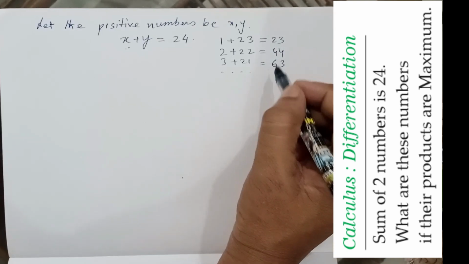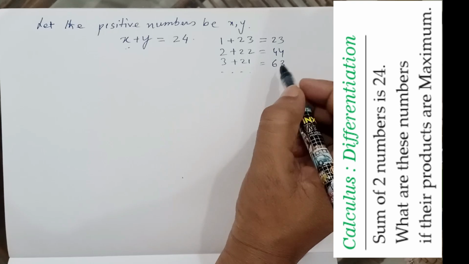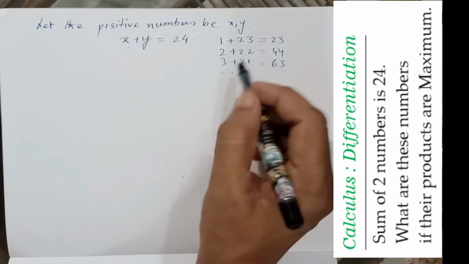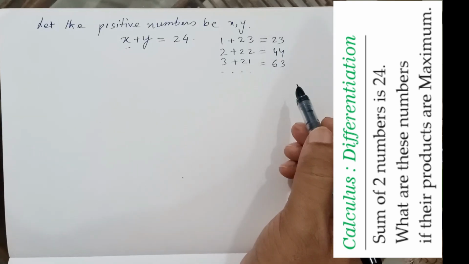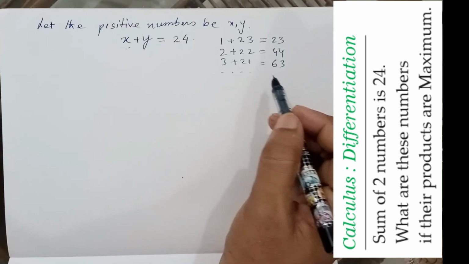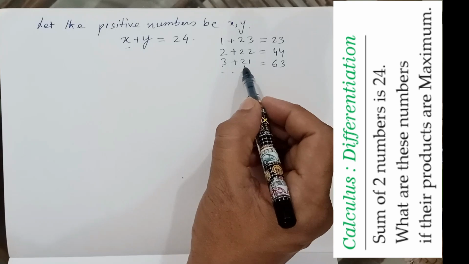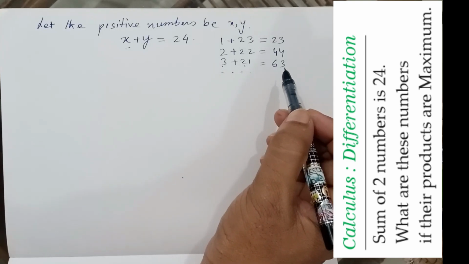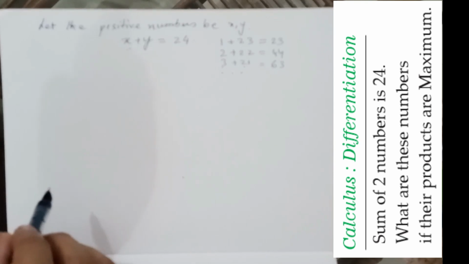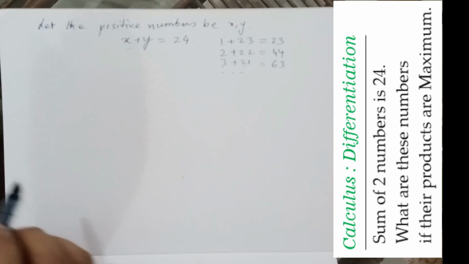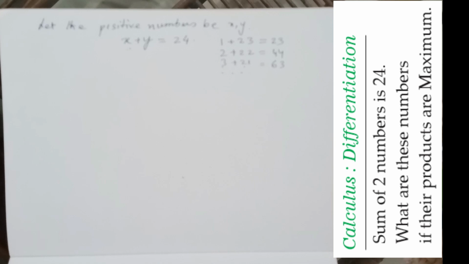So we don't know when this will be maximum. For a smaller sum you can expand it and tell the values of x and y for which the product is more. But if a bigger number is given, we cannot solve it. So we should follow the process of calculus, which will help us get which values of x and y give the maximum.